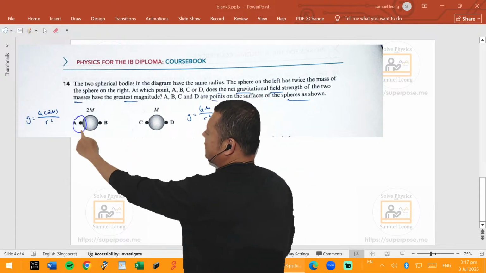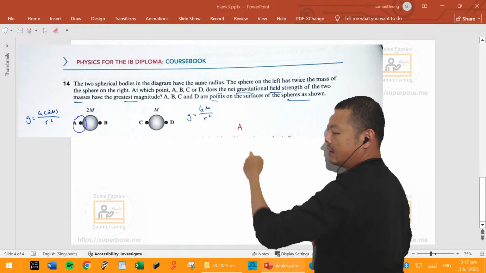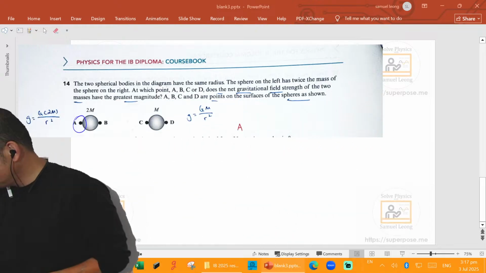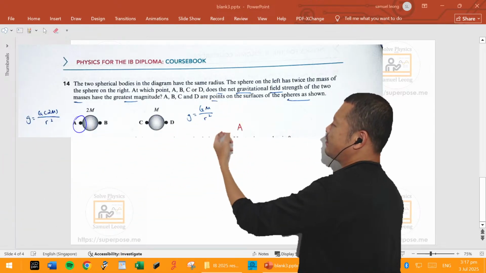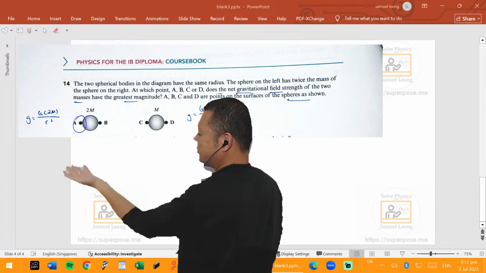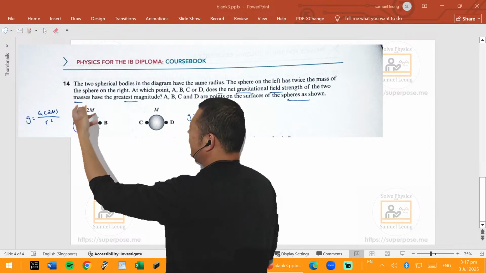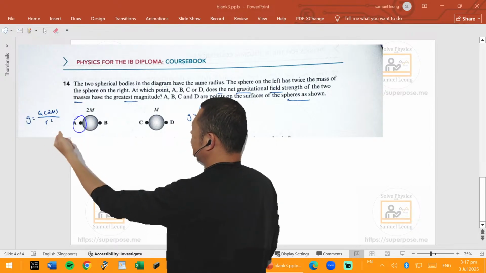Okay, so A, right? What they're asking for is the net G field. If I have two spheres, the G field is due to those two spheres. So at point A, there will be a G field due to the 2M, and there will also be a G field due to the M as well.